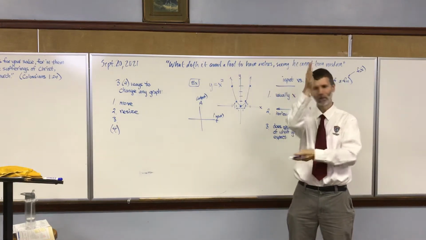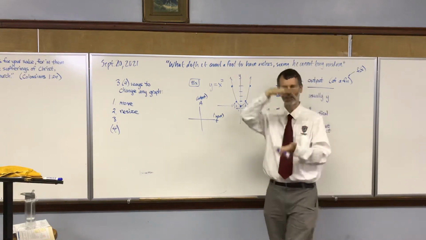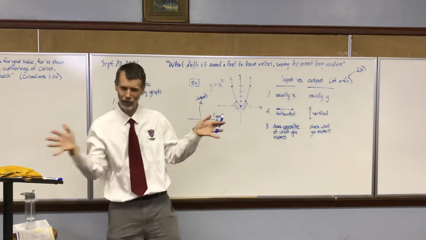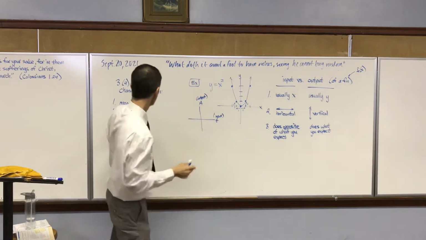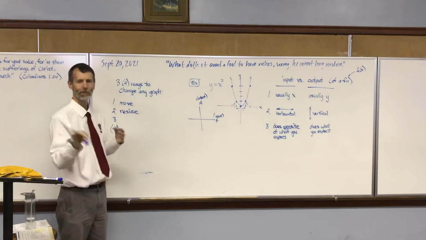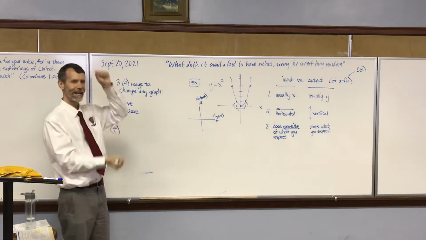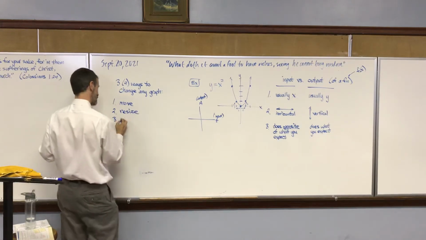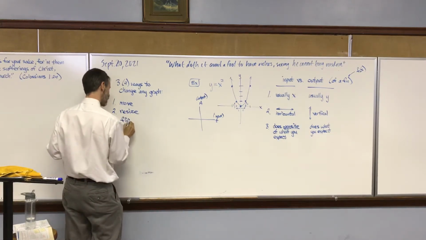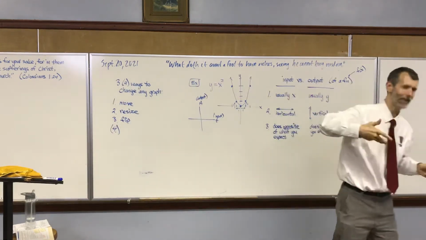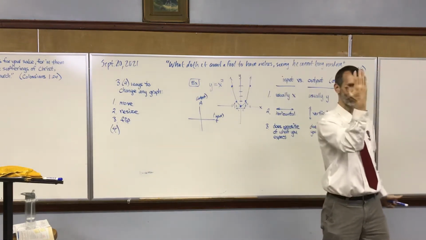You can do it bigger or smaller in the up-down direction, which is taller and shorter, or you can do it in the left-right direction, which is wider or narrower. So there are 2 different ways to resize and 2 different ways to move. So you can move up, down, move left, right. You can resize up, down, and resize left, right. The third thing is flip. And there are 2 ways to flip a graph. You can flip it upside down, or you can flip it backwards, left, right.